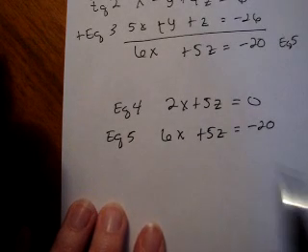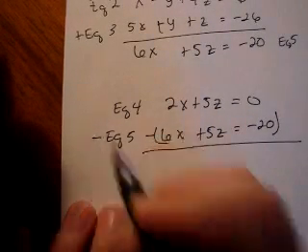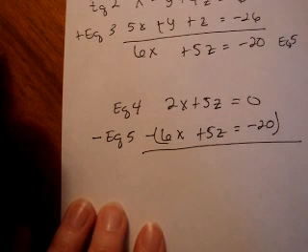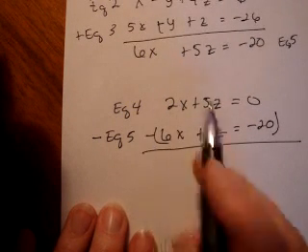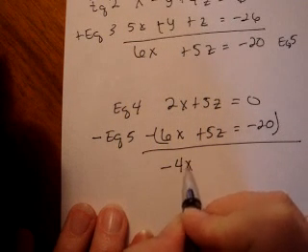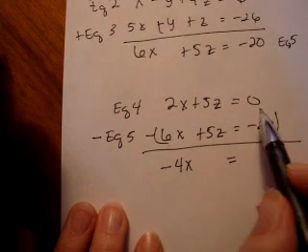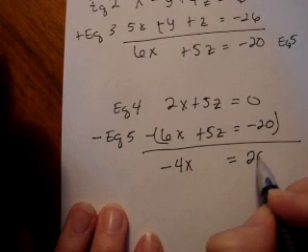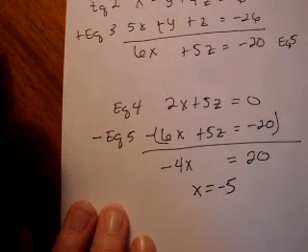If I just subtract, I'm even going to do a shortcut. So if I subtract equation 5 from equation 4, the z's will be eliminated. Okay, so 2x minus 6x would be -4x. 5z minus 5z is 0, equals 0 minus a -20 is +20. So x equals -5. Woohoo!